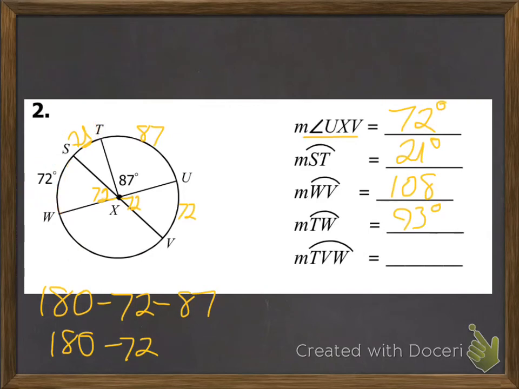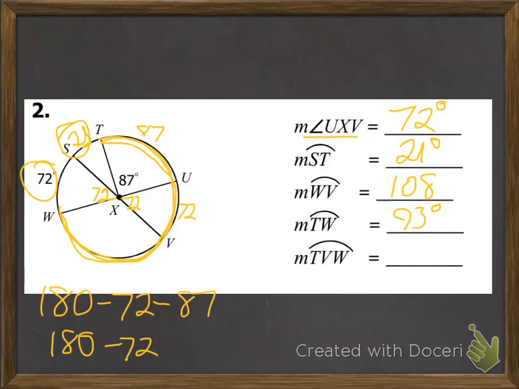And last but not least, we need to find the measure of arc TVW. So starting at T, I'm going to go all the way to V, and then all the way to W. It's going to be this really big arc right here. Now for this one, it's probably just easier to take these two smaller arcs right here and subtract them from 360.